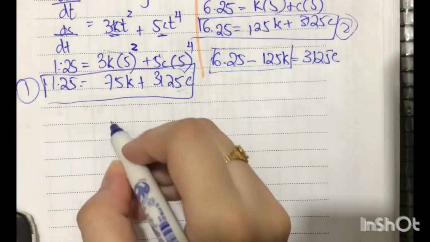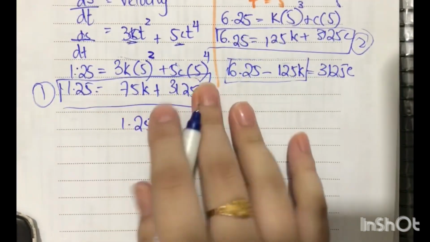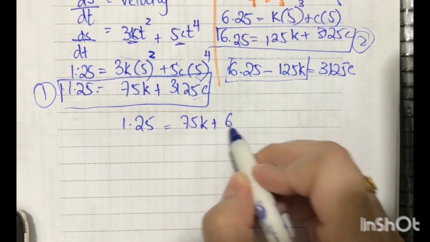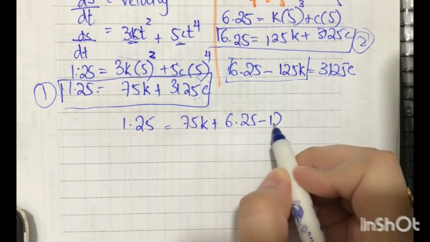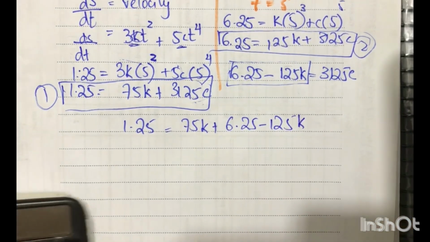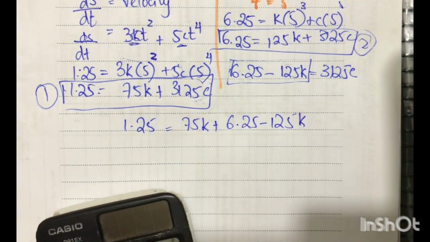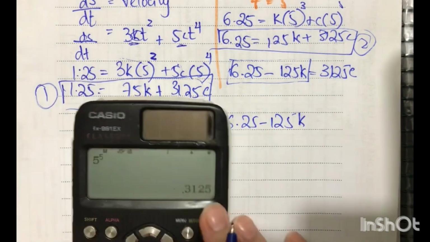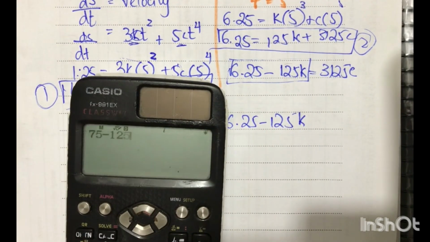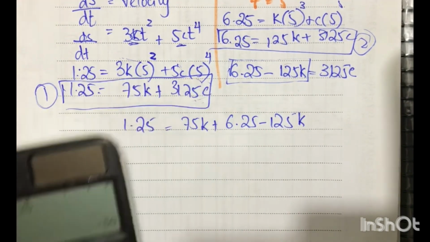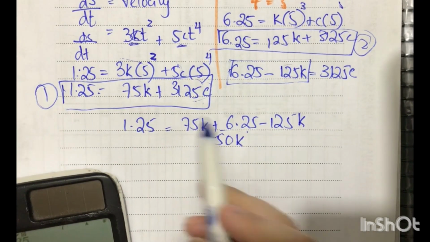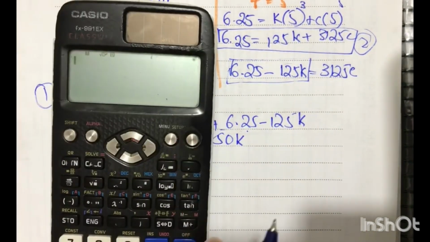So this will become 1.25 is equals to 75k plus 6.25 minus 125k. So 75 minus 125, sorry, is minus 50k, and 6.25 will go to the other side and get subtracted.